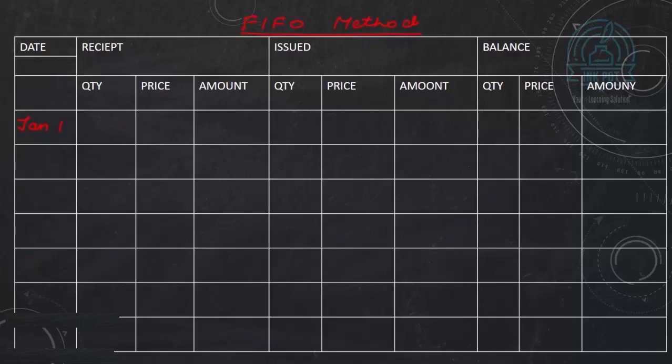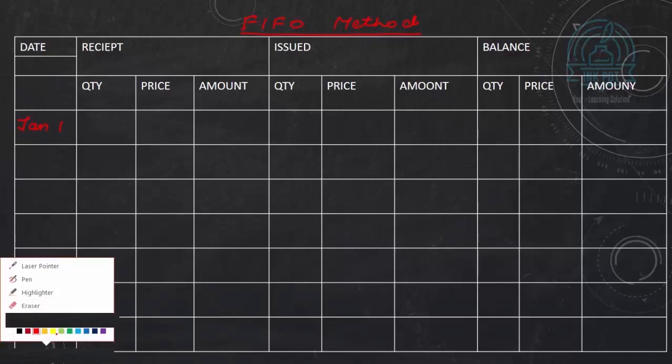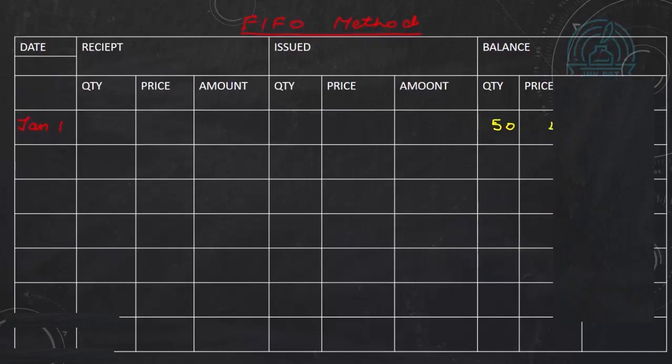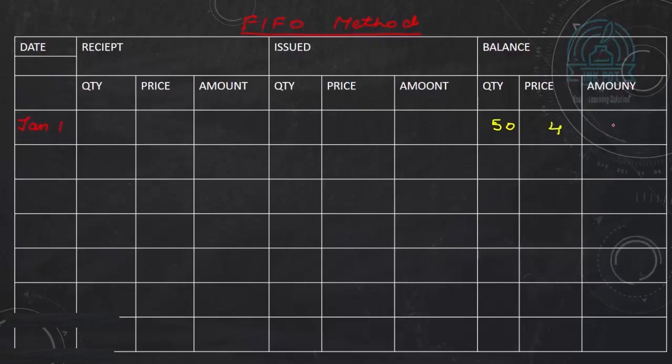We have 50 units at the rate of 4 per unit, and the amount is 200, right?